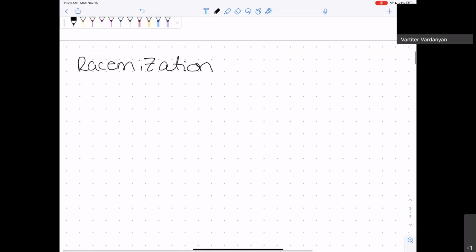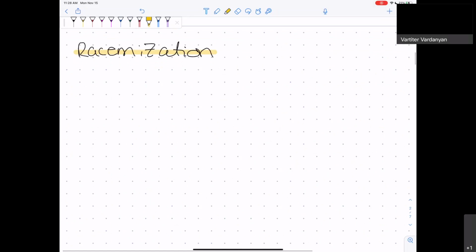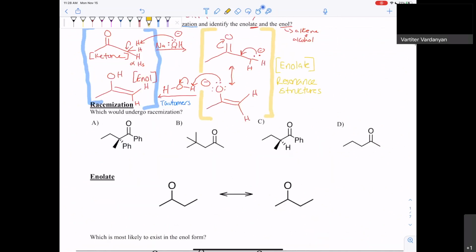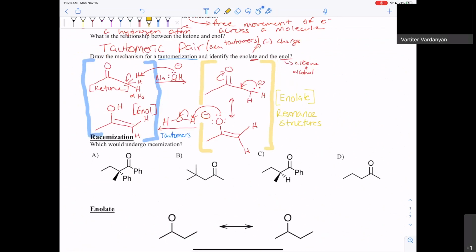The big thing with this one, this is where I lose a lot of students. This reaction is not really a whole different reaction. I want to preface it by saying, when we did the tautomerization, we said that it could interconvert. It's not at equilibrium, but it can also go backwards.